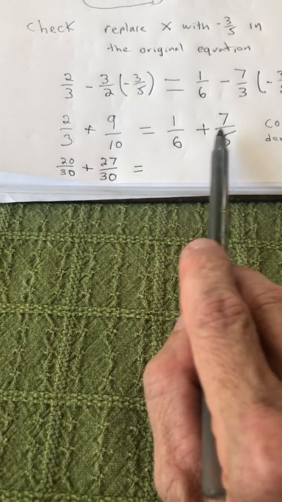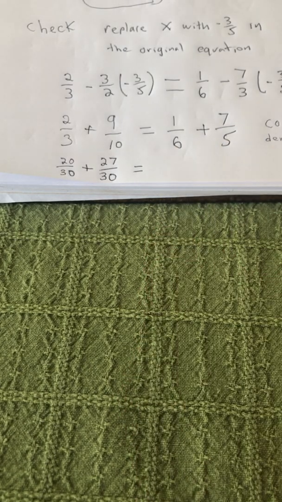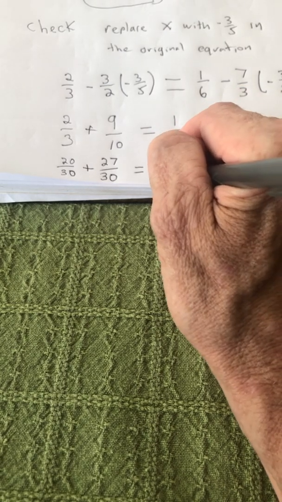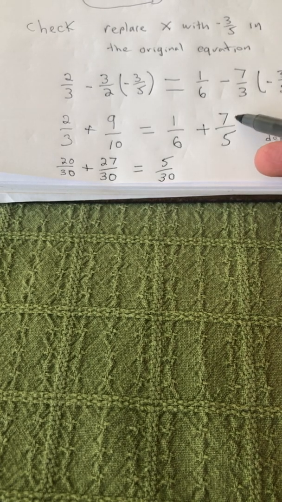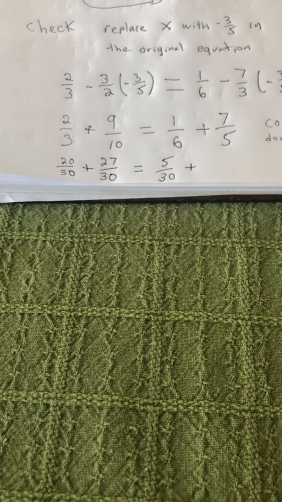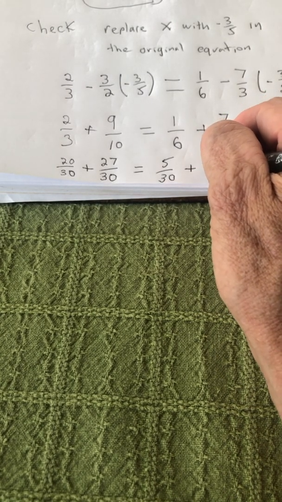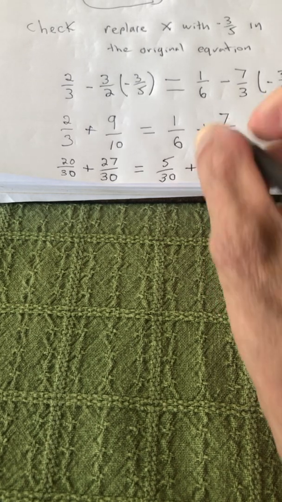And the right-hand side, 1/6 I could write as 5/30ths, and 7/5, multiply the numerator and denominator by 6, I get 42/30ths.